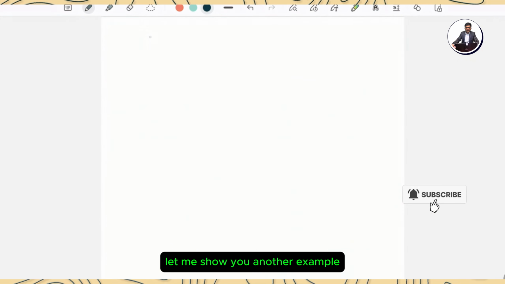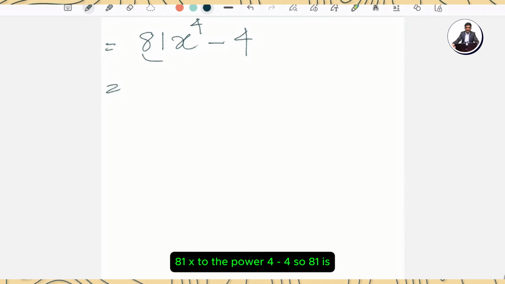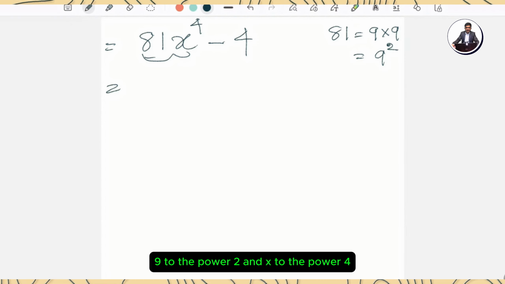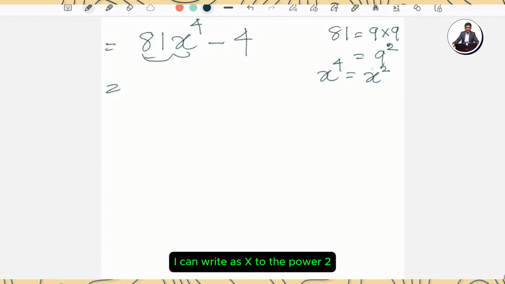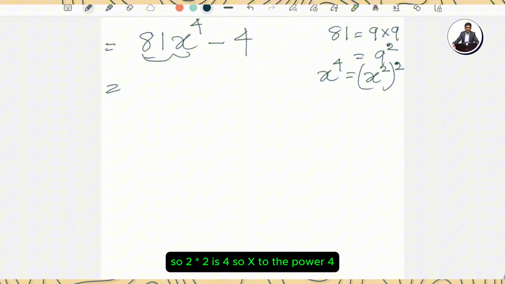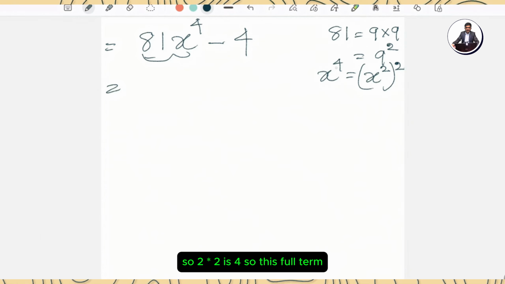Let me show you another example. 81 x to the power 4 negative 4. So 81, I can write as 9 times 9, 9 to the power 2. And x to the power 4, I can write as x to the power 2 raised to the power 2, since 2 times 2 is 4.